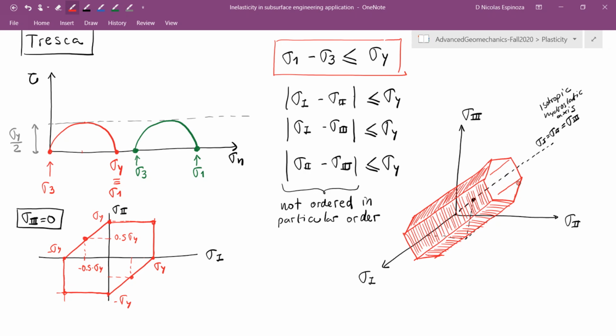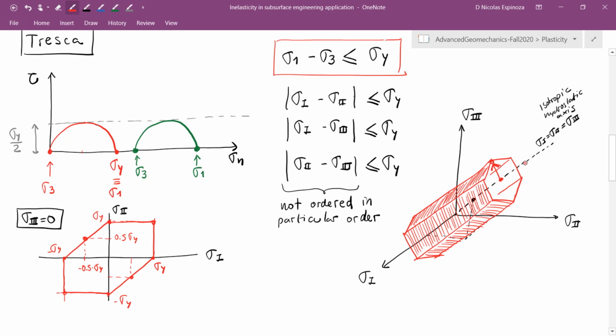And if you look a little bit closer, and we're going to do this as well for the next stress criterion, you could think always that your state of stress, let's say somewhere over here, is composed of two vectors. A vector that goes from the origin through the isotropic axis into a plane which is perpendicular to the isotropic axis, let's say at the point over here, and eventually what is limiting your state of stress is the distance from the hydrostatic axis to the yield surface.